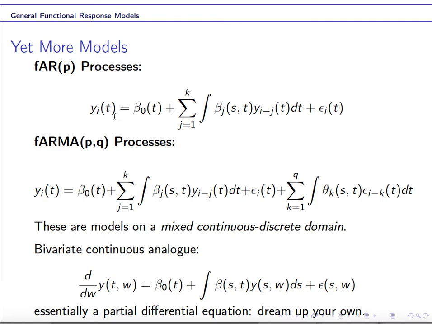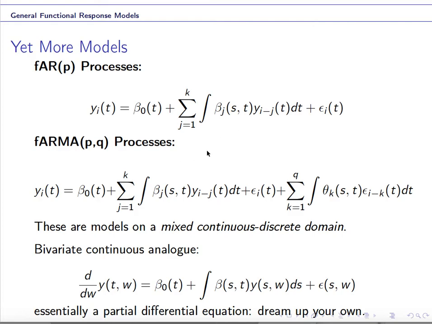In our Sweden mortality example, y_i(t) will be the hazard function at year i, and the hazard function at year i will depend on the previous 1 to k years. Here y_{i-j} will be the hazard curve from i-1 to i-k. So this is the functional version of the AR model.